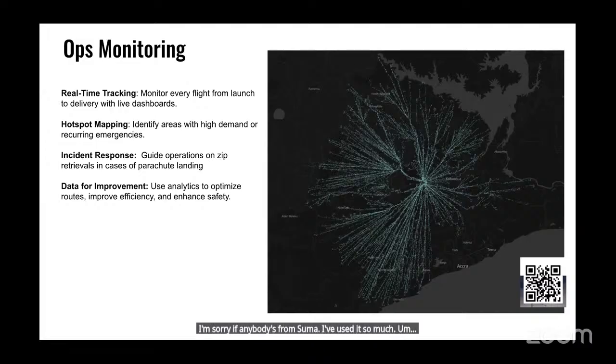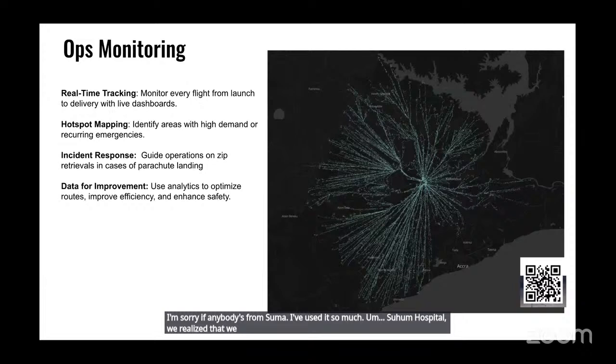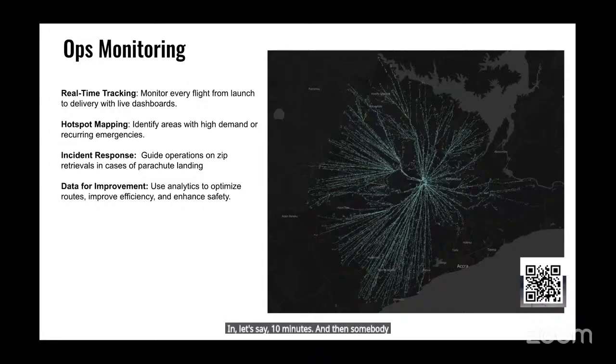Suhum Hospital, we realized that we are flying to it in, let's say, 10 minutes. And then a GIS person analyzes that 10-minute route and also analyzes the drive time from the nest to Suhum and realizes that the drive time is 8 minutes. That tells us that our system is being inefficient.